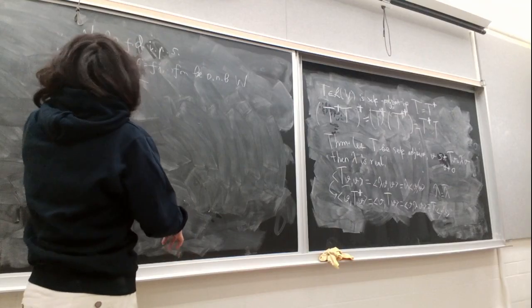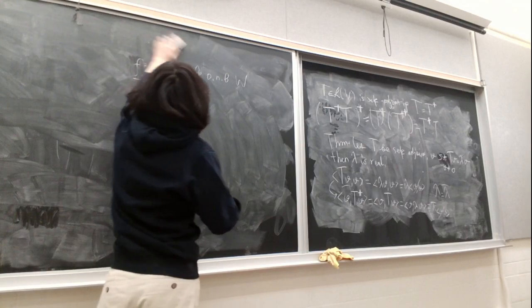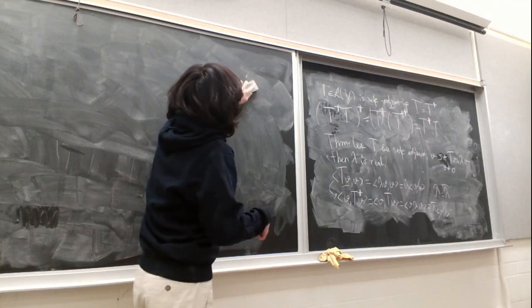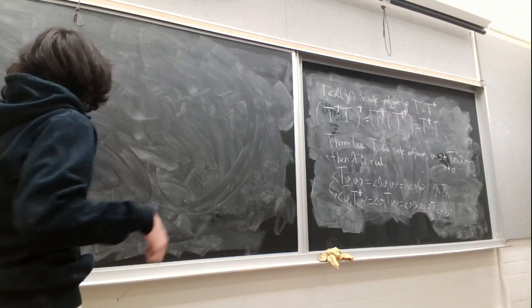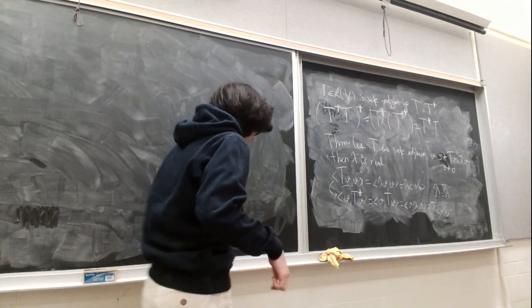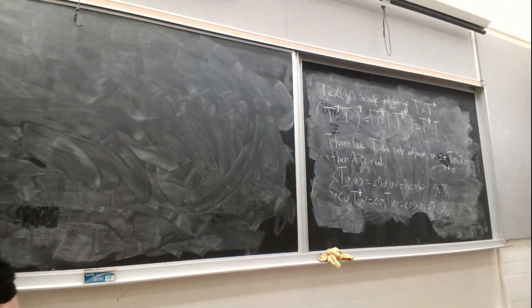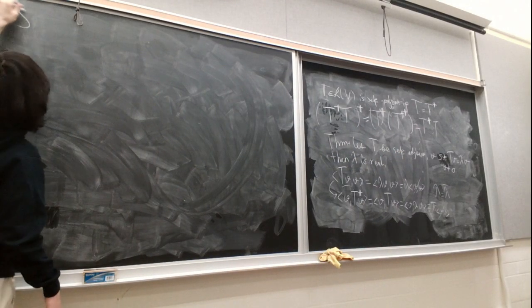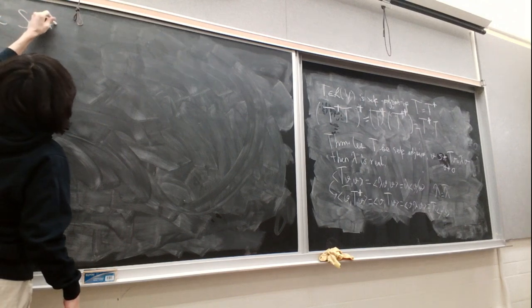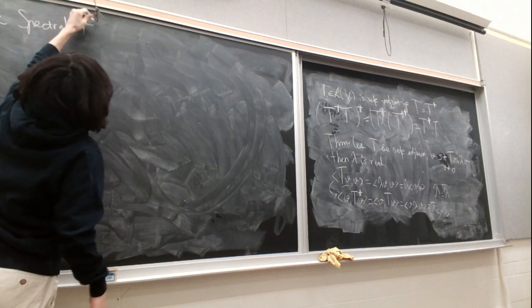Because you have the spectral theorem for self-adjoint operators, you have the spectral theorem for normal operators, it's all the same theorem. But when you start looking at infinite dimensional vector spaces, then there are spectral theorems for bounded operators, and they say something that's not exactly this.